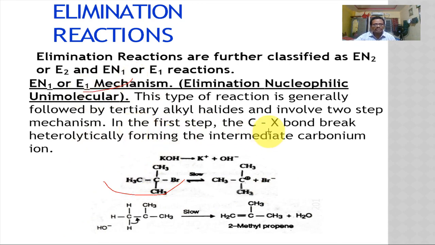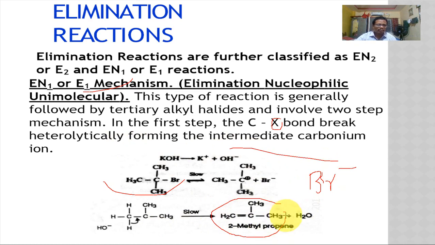In the first step, C-X, here X is Br. The bromide ion is removed first and an intermediate carbonium ion forms. Observe: the products in elimination reactions are alkenes, that is, double bonds.